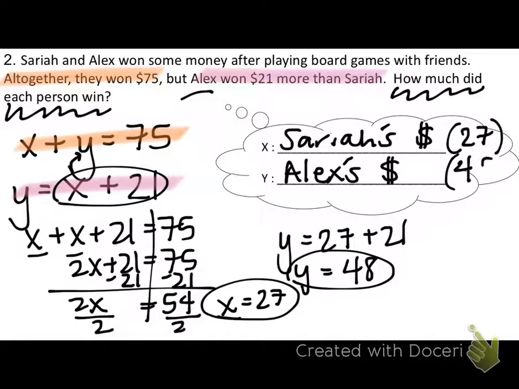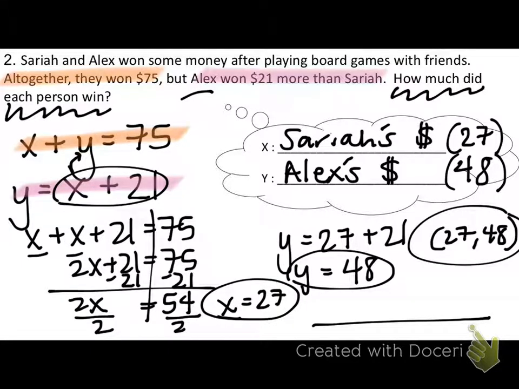Remember, that's what Alex won. If you made a mistake, correct your mistake. Also, make sure you write your final sentence at the bottom. So what does the 27 and 48 represent? It's right up here. I wrote it right above that. Go ahead, write your sentence. Pause this video and press play when you're ready to continue.